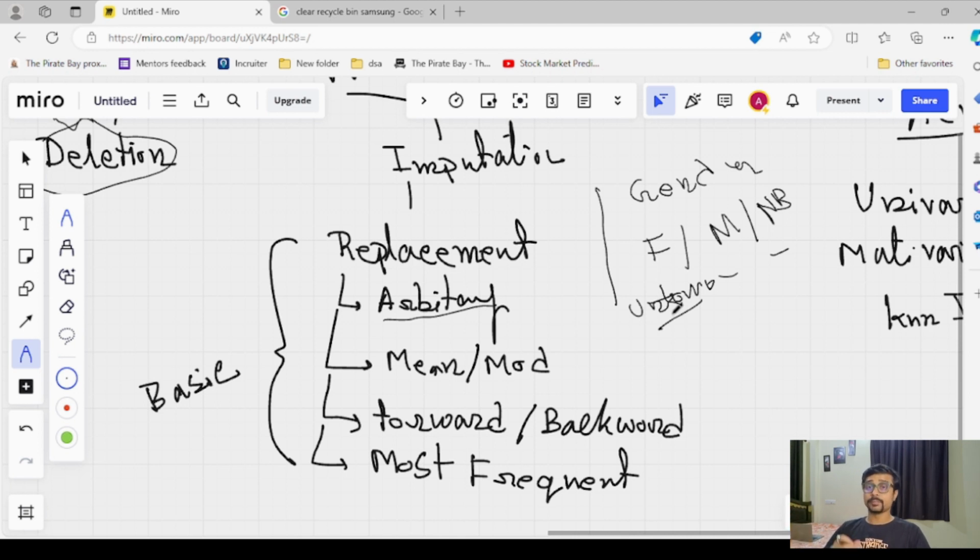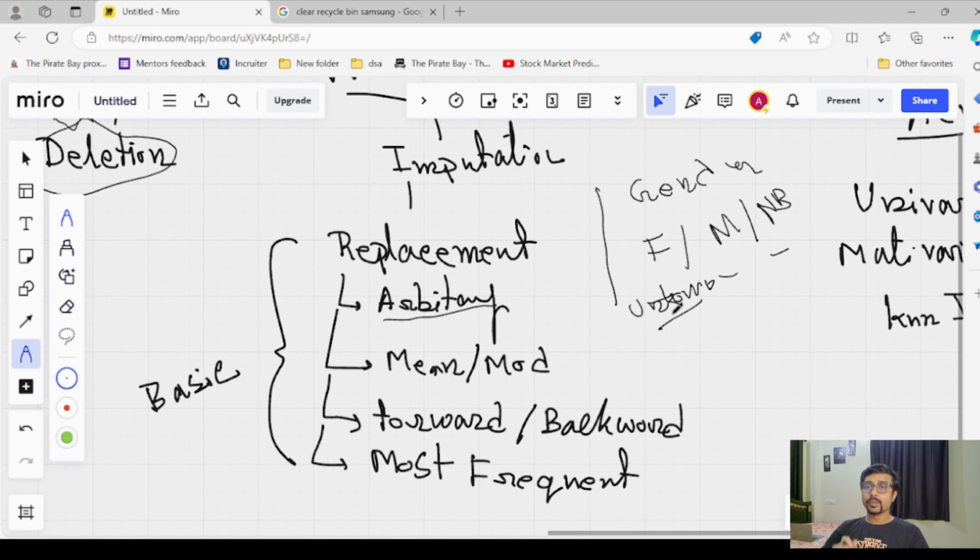But remember, if you are replacing, all blanks should be replaced with a single word. You cannot replace some with unknown and some with something different; if you do that, you need a logic. But usually when you do this in a basic way, you replace with a single word, like all the blanks now will be treated as unknown. Okay, that's the first thing.